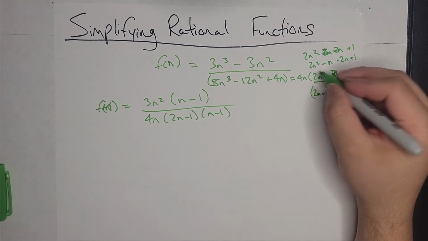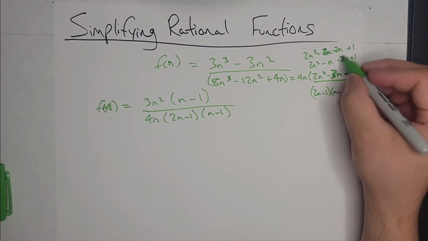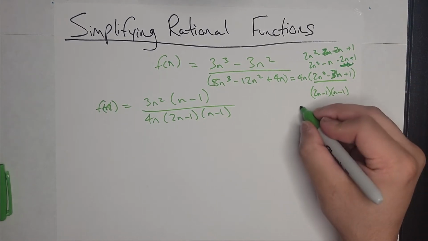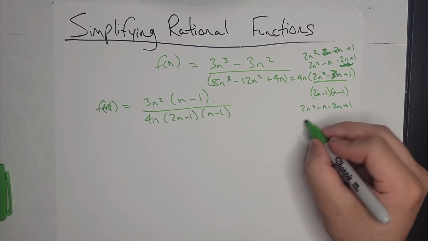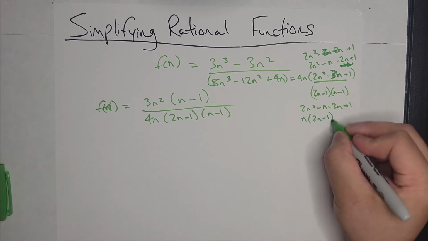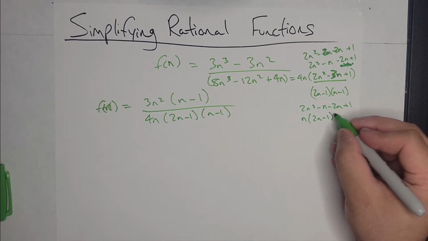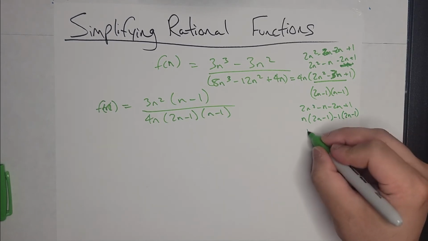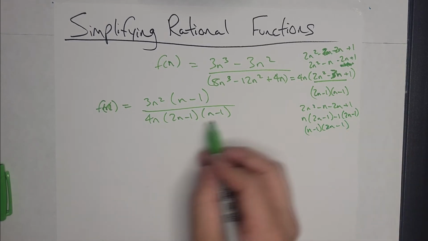And then if I factor out an n, I'm left with 2n minus 1, and then from here I can factor out a negative 1, and I'm left with 2n minus 1. That's what you get here.